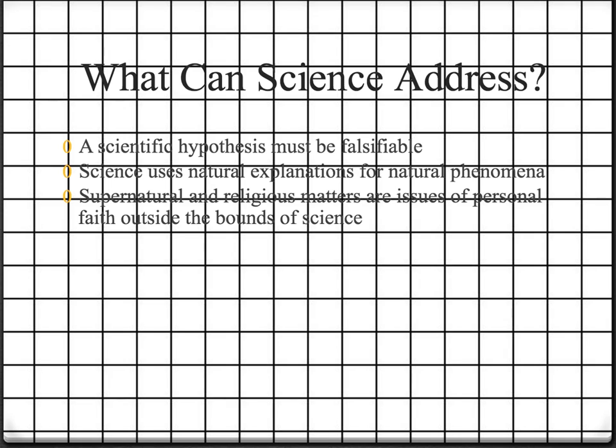Those are issues of faith, and that goes outside the bounds of what science can do. So if you believe that, in our flashlight example, there was a ghost that was causing your flashlight to not work, there is no way that we can prove that it wasn't that supernatural being, that ghost. So therefore, we're going to look at things that are within nature, natural explanations for the things we see.